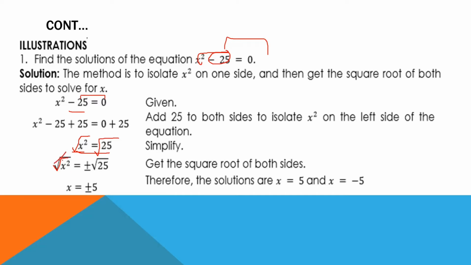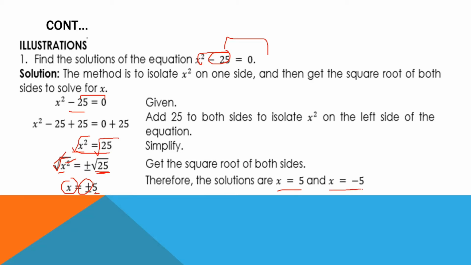We can cancel the radical and the squared, and ang remaining natin ay x, which is eto na, and then positive negative square root of 25. So we need to get the square root of 25, and then the answer is 5. Therefore, since meron tayong positive and negative, ang ating solution ay x is equal to 5 and x is equal to negative 5.